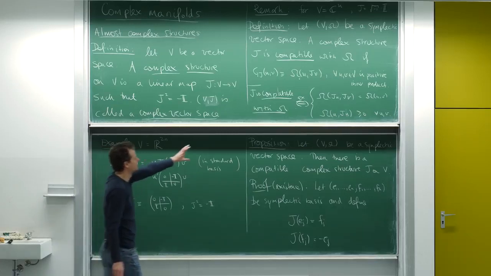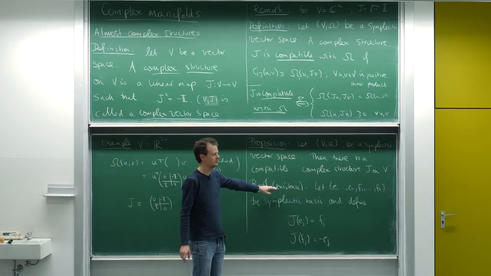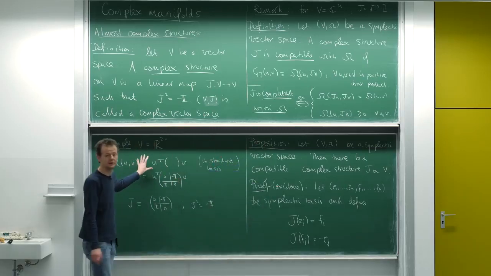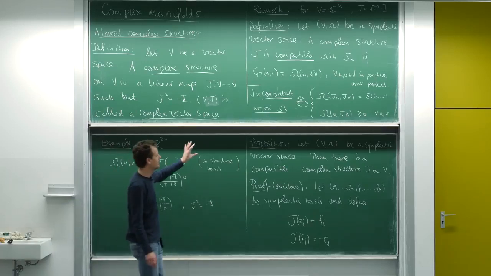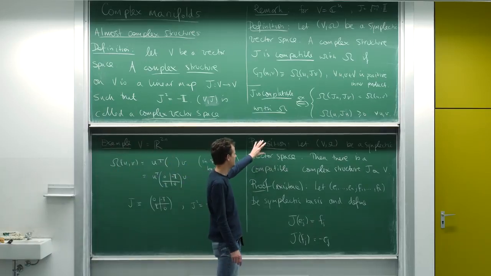I'm not going to do the full proof of this proposition, I'll just do the existence. This example here essentially makes it clear how to do it. If you have a symplectic vector space, then there is a compatible complex structure J on V.